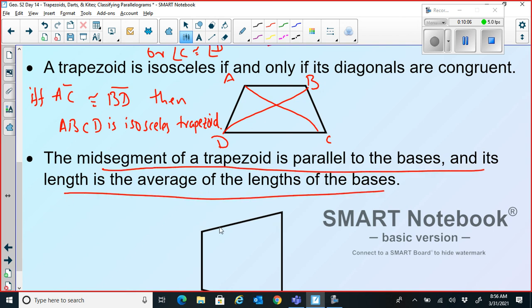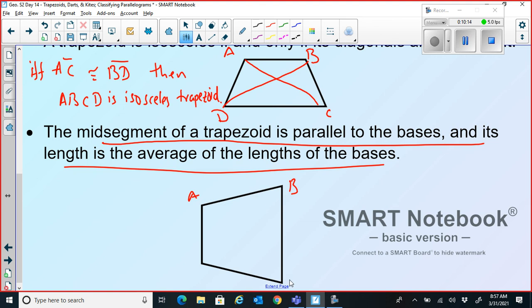So if I have a trapezoid and a mid segment which connects the midpoints of AB and CD, say E is the midpoint of AB and F is the midpoint of CD, and EF is the mid segment, then EF is going to be parallel to AD and BC.